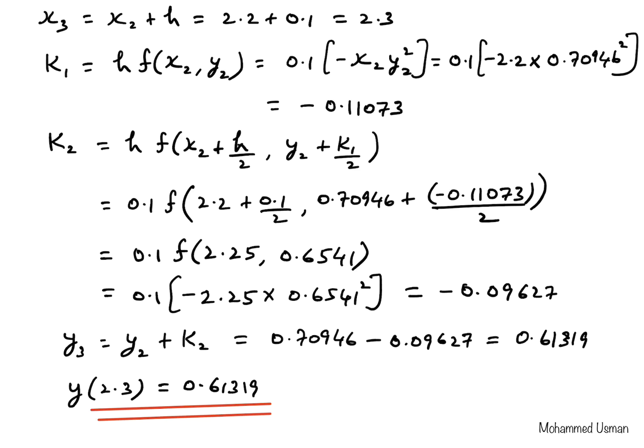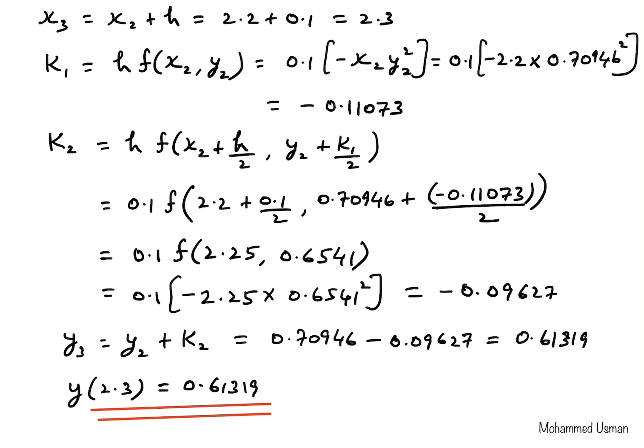And again, check the solution that we obtained for y of 2.3 using Euler's method, which we did in the previous class, modified Euler's, and from today's lecture the Runge-Kutta method, and compare these answers with the exact analytical solution that I have given in the previous lecture, and see which of these methods gives the highest accuracy. That means which of these methods gives an answer which is closest to the exact analytical solution.